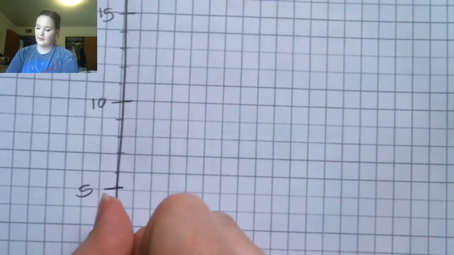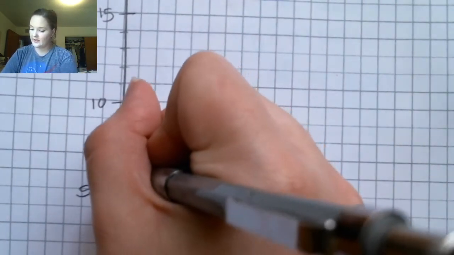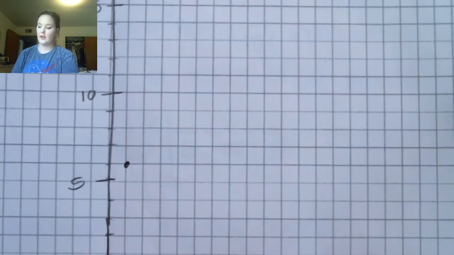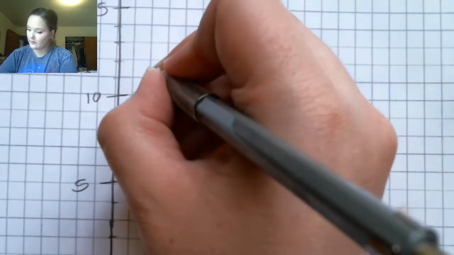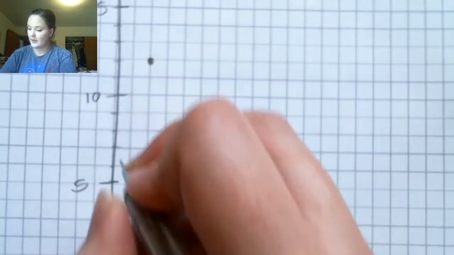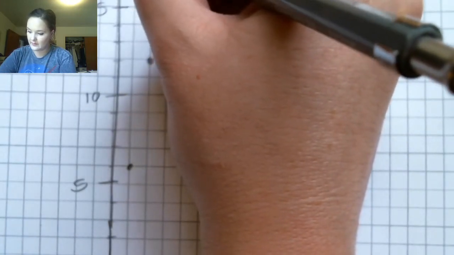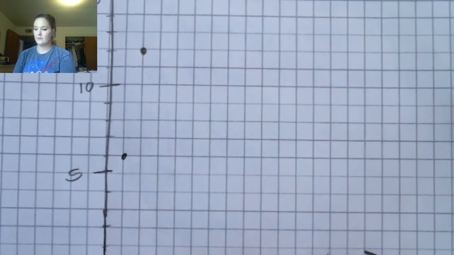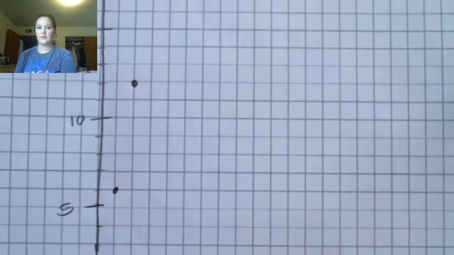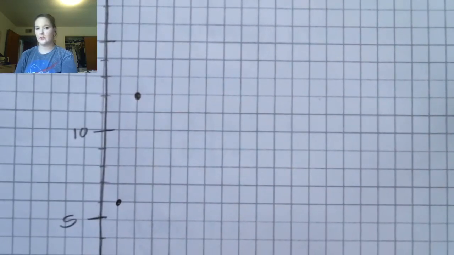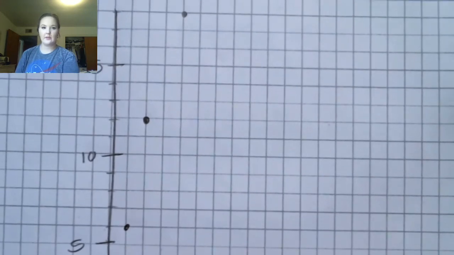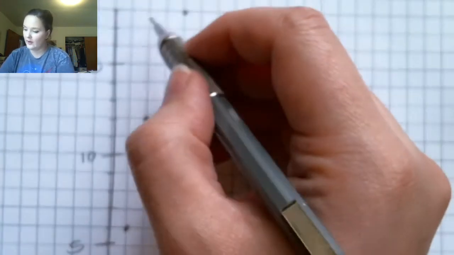So now I'm going to mark my points. I had the point 0, 0, 1, 6, 2, 12, and 3, 18. Now you can see all of those points do fall in a line. So I'm going to go ahead and graph them.